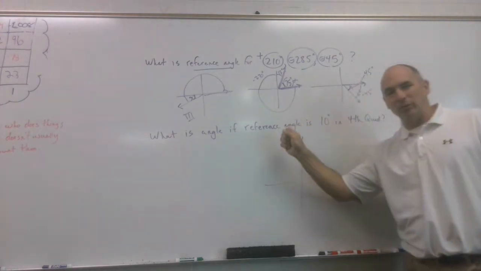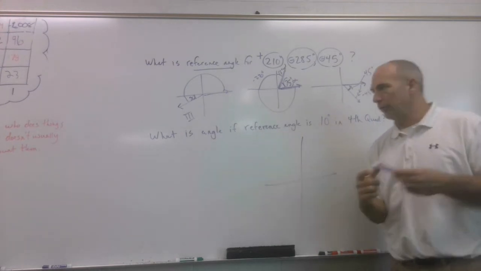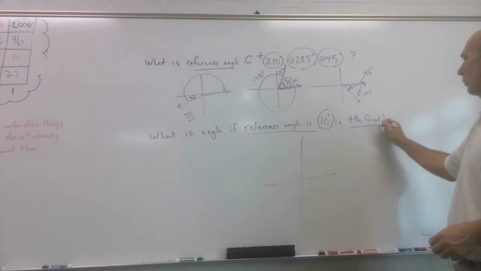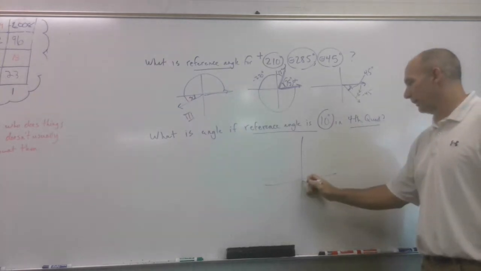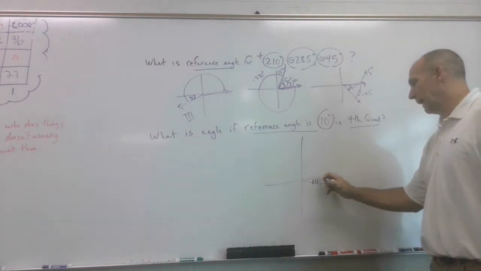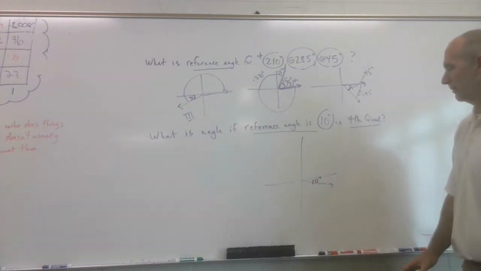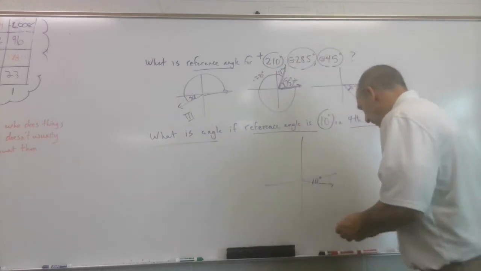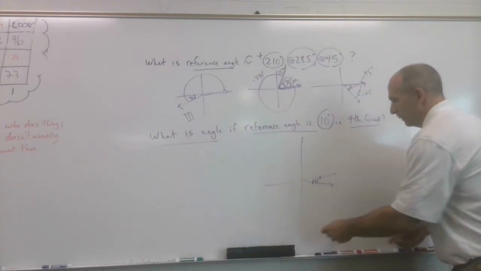Now they're going to ask you the same question in reverse. They're going to give you the reference angle as 10 degrees in the fourth quadrant. So you're like, okay, let's draw a picture. There it is. Now that might be too much, but I got to fit it in. There's 10 degrees. So it asks you, what's the angle? So it's really asking you, how far did you have to spin your spinner to get there?